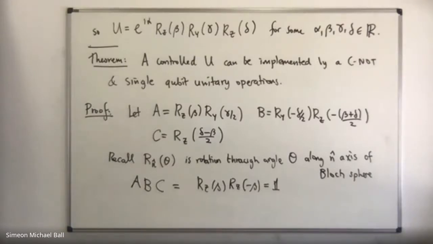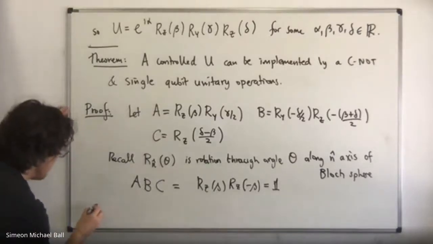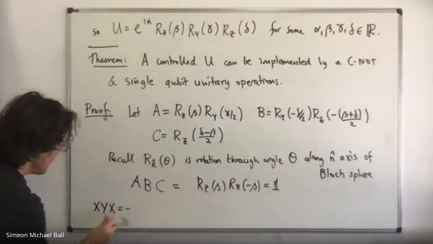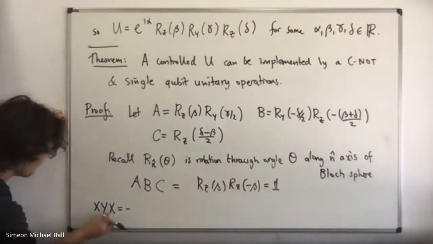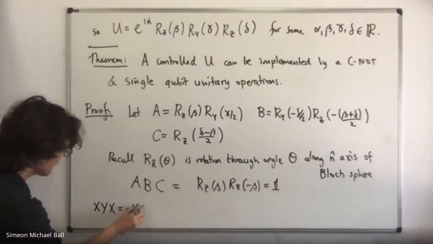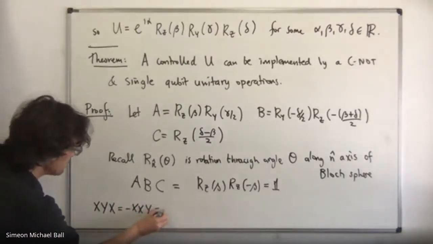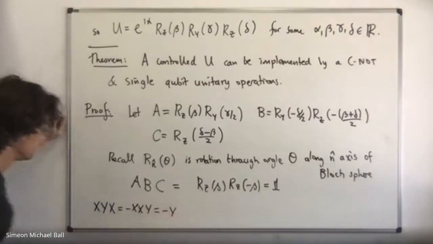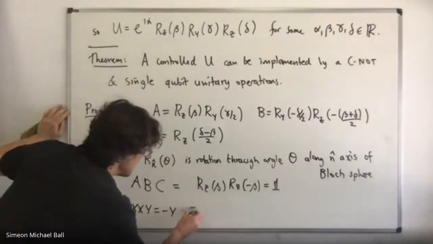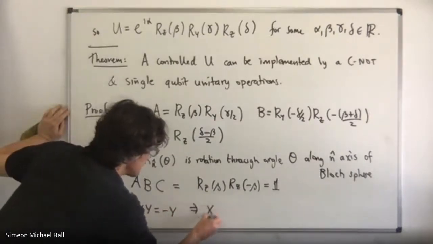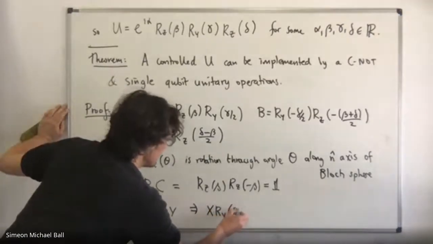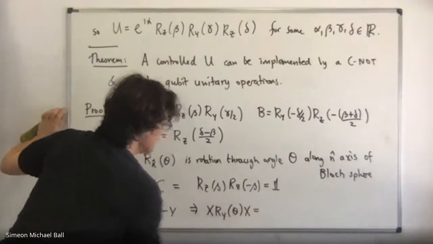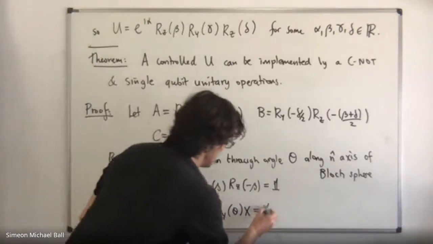Now, what happens if I do x, y, x? Well, x and y anti-commute, and x squared is 1. So here I'm going to get minus xy, which is minus y. That means that if I do x, Ry something, I don't know what it's going to be, let's put theta, x, then let's write it out.